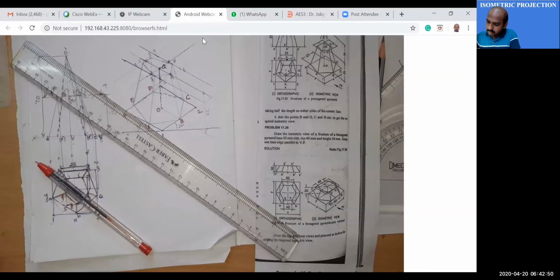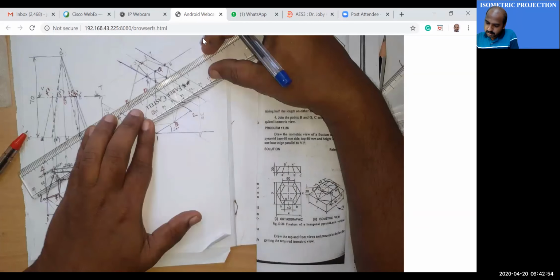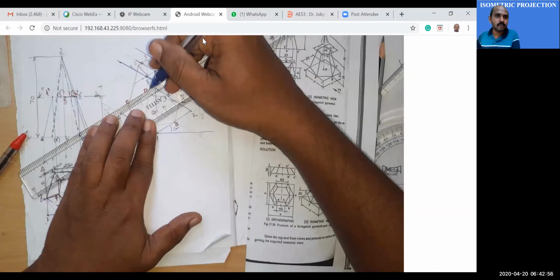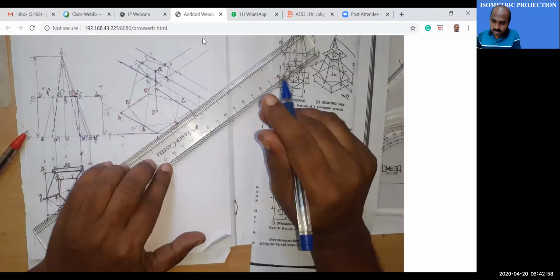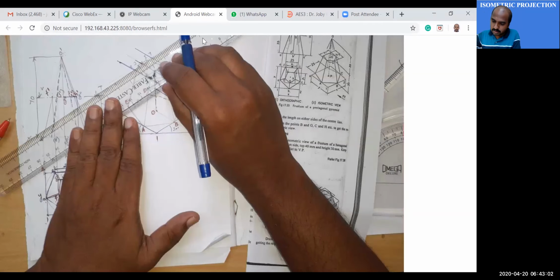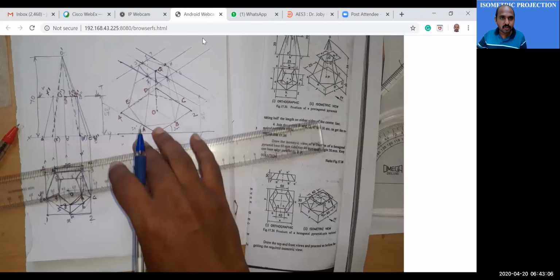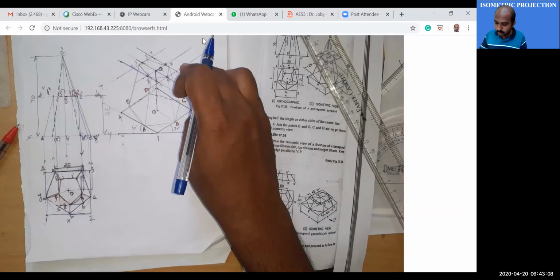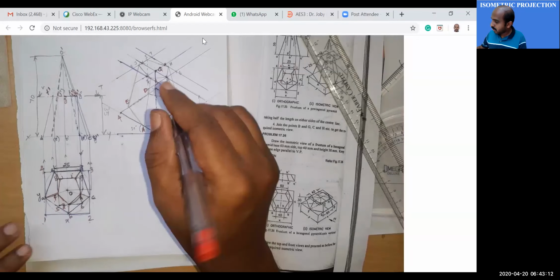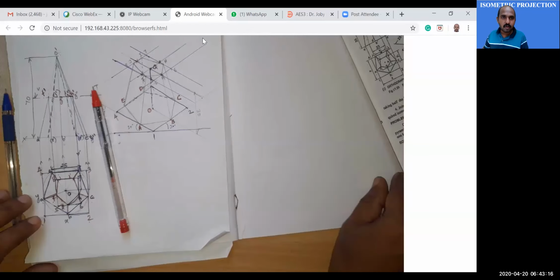Now, third, you draw another line passing through this point. Okay, all these are using pencil for the time being. Now you locate this point. Now you can see that you have completed the isometric view of the top rectangle.